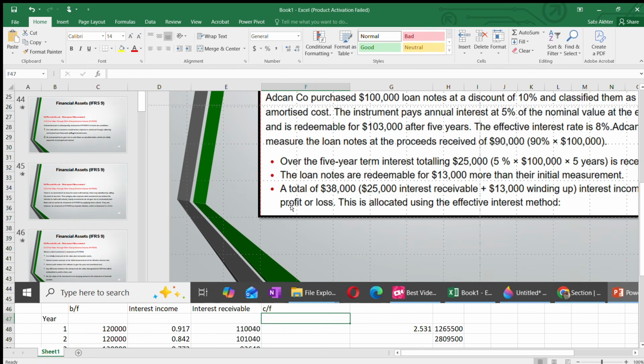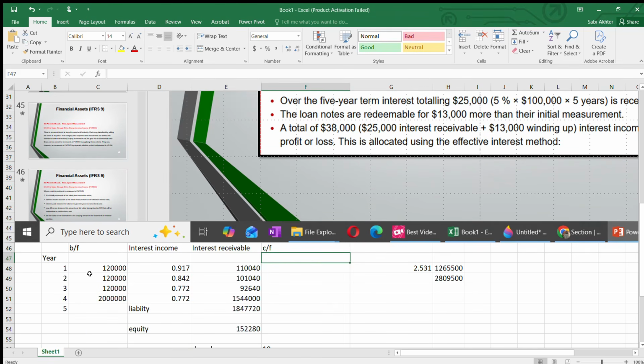Remember, we start with the discounted amount, that is 90,000, not 100. So we'll drop the zeros and we are going to deal with only the figure. For example, if it's 90,000, we are going to write 90. Let's take this figure.